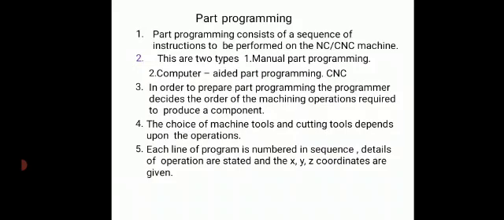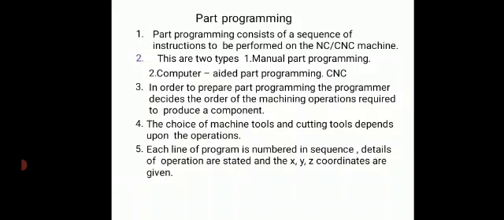Okay, then coming to our topic, part programming. Part programming consists of a sequence of instructions to be performed on the NC or CNC machine. There are two types: manual part programming and computer aided part programming, that means CNC.